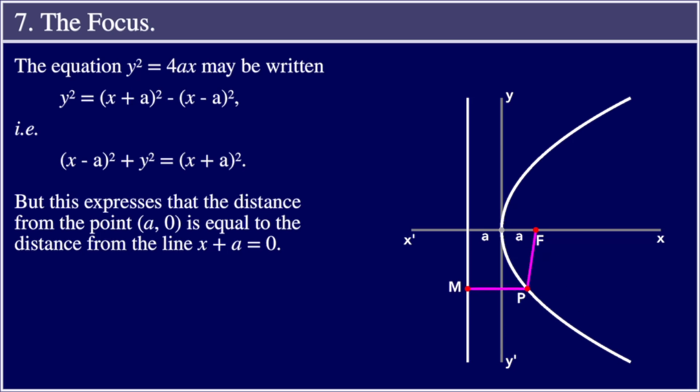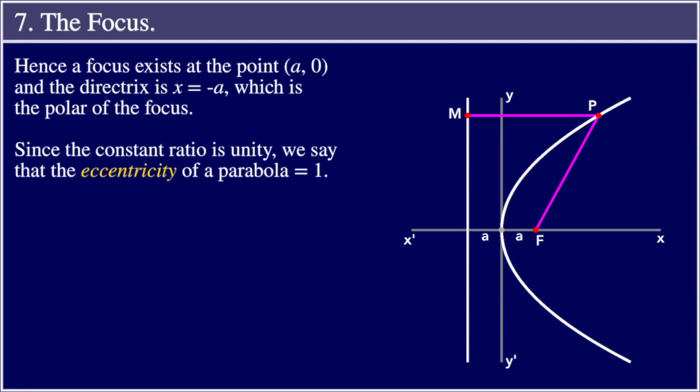But this expresses that the distance from the point (a, 0) is equal to the distance from the line x + a = 0. Hence, a focus exists at the point (a, 0), and the directrix is x = −a, which is the polar of the focus. Since the constant ratio is unity, we say that the eccentricity of a parabola is equal to 1.